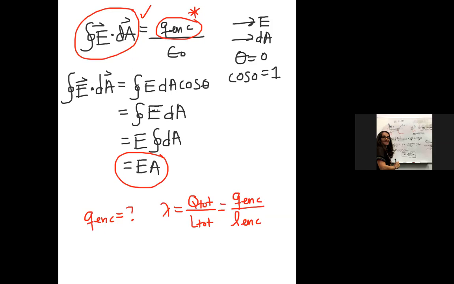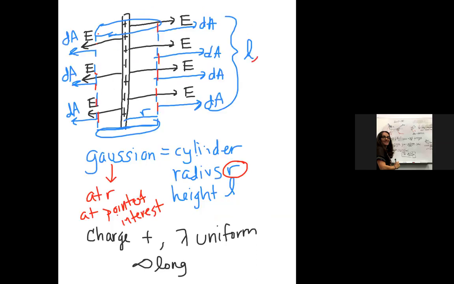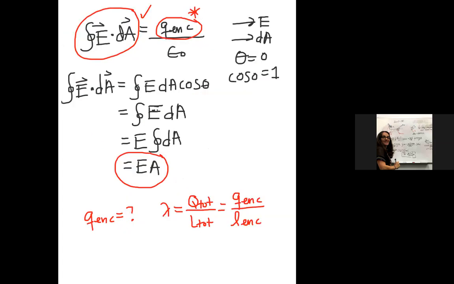What's my enclosed length? This, in blue, is my enclosed length. It's the length of my Gaussian. So I can write my charge enclosed as my charge distribution times the length of my Gaussian.